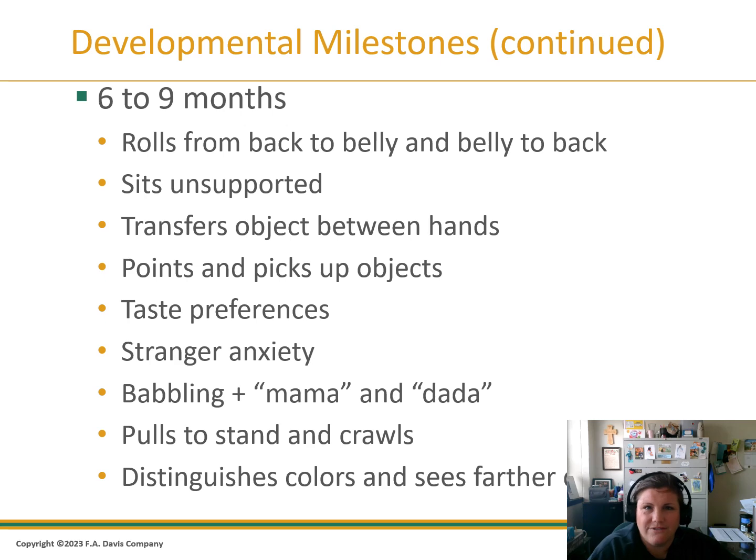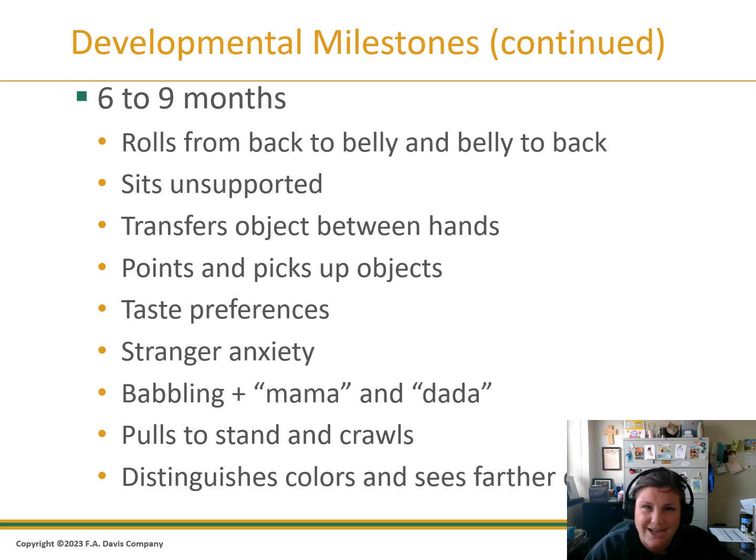They may start to develop some taste preferences, where you notice them not wanting certain vegetables that you offer them, and they're preferring or favoring other things like the fruits that you want to give them.